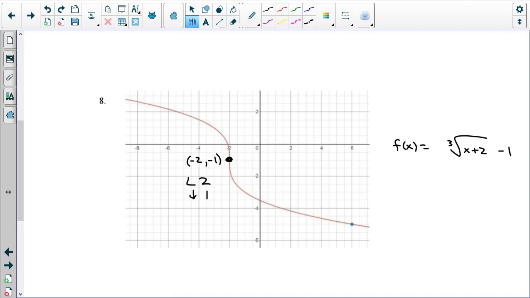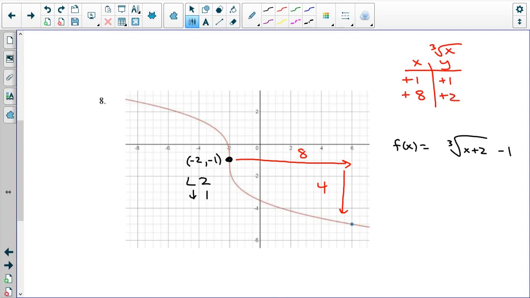It looks like I went to the right 8, down 4. So normally on a cube root function, if I'm cube rooting x, if I go over 1, I go up 1, and if I go over 8, I'm going up 2.